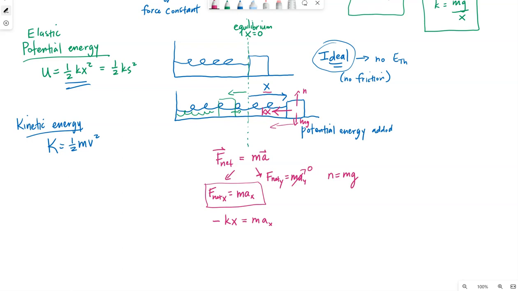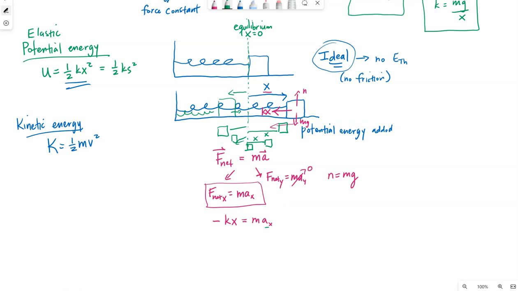As x changes, so as this block moves, this distance that the spring is compressed is getting smaller. At a moment in time, it will be 0, but then it continues to the left, and that force will get bigger and bigger. And so this acceleration is constantly changing.